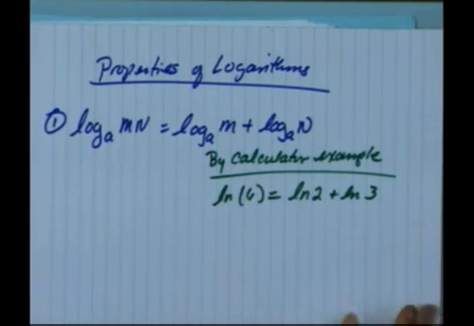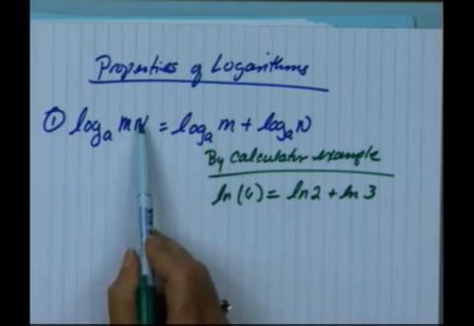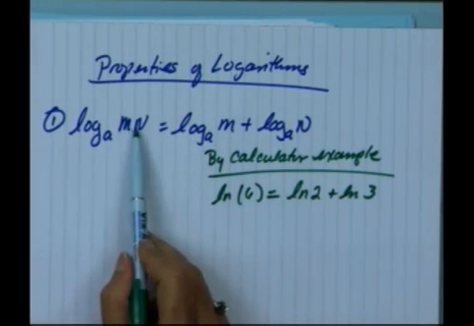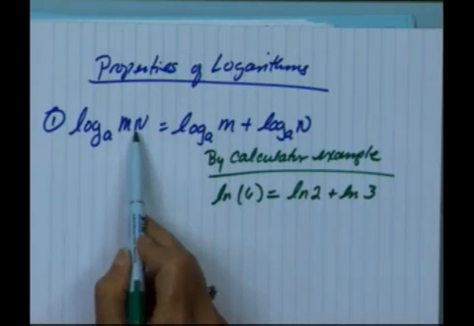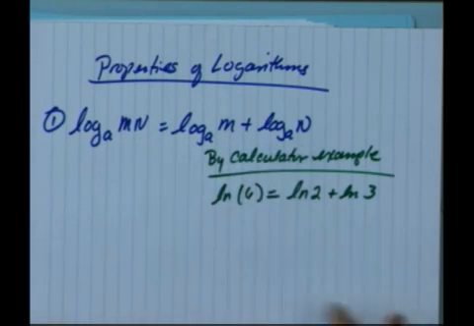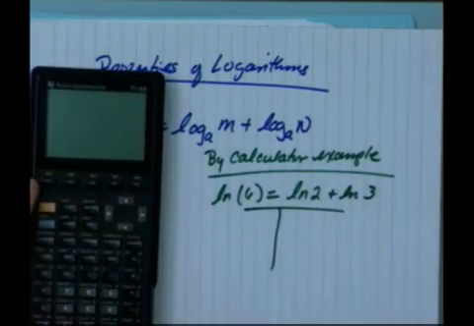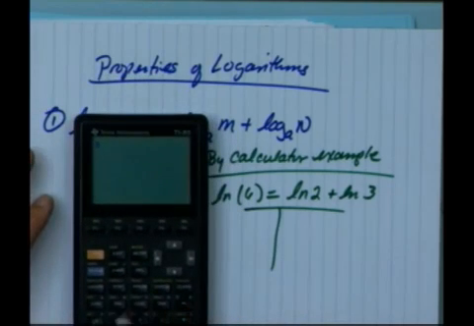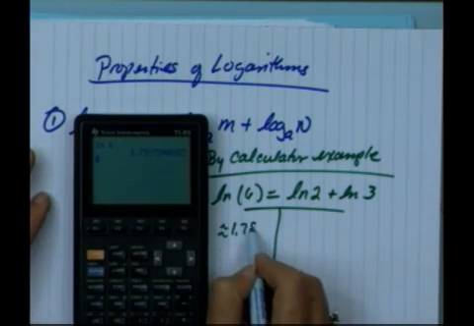I'm just going to show with the calculator this property, that if you have a product of two numbers multiplied together, and in my case that would be 2 times 3, that's equal to the natural log of 2 plus natural log of 3. All right, on my calculator, I'm going to plug in the natural log of 6, and that's approximately equal to 1.79.